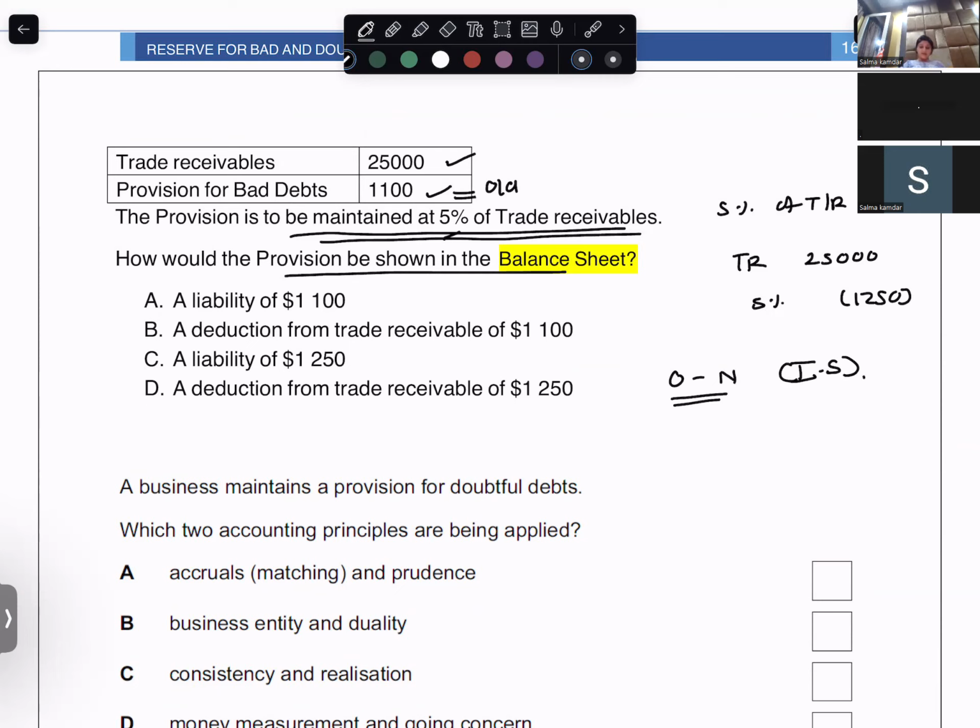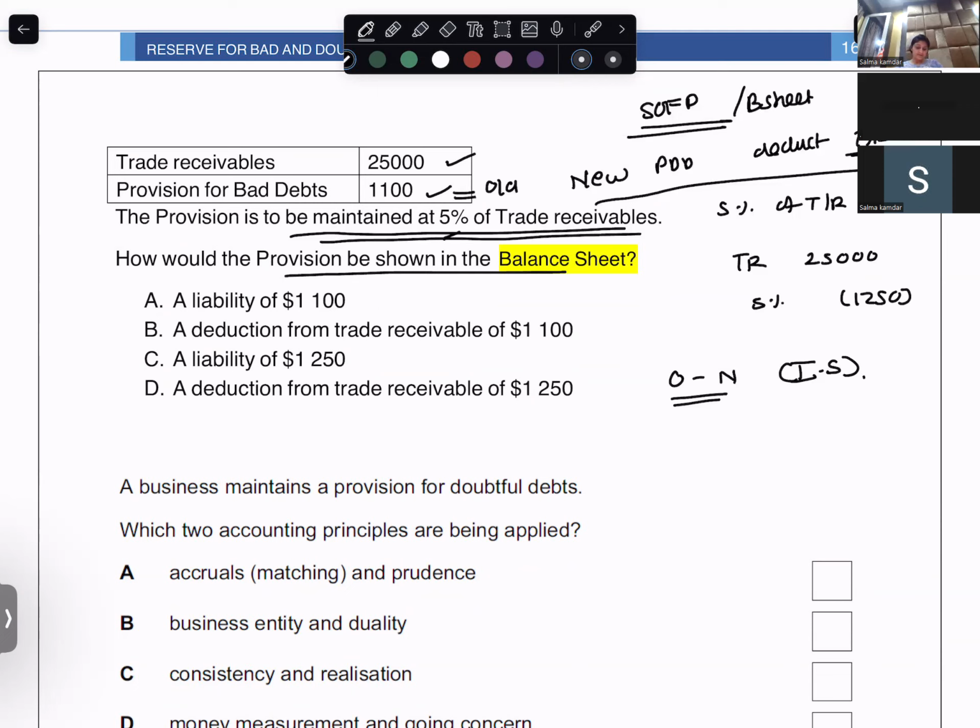In your statement of financial position, or balance sheet, you will always show the new PDD as a deduction from your trade receivables. So what is your new PDD?